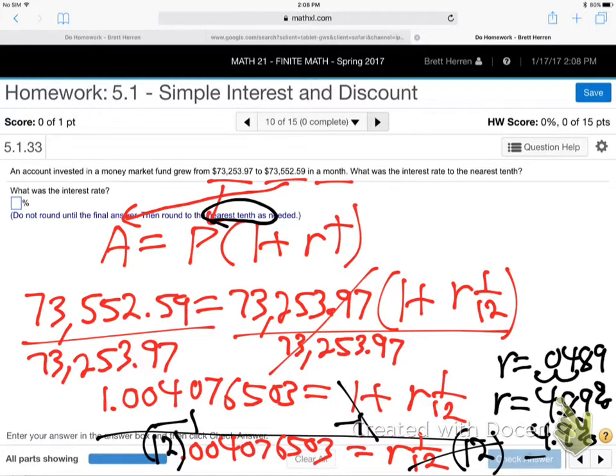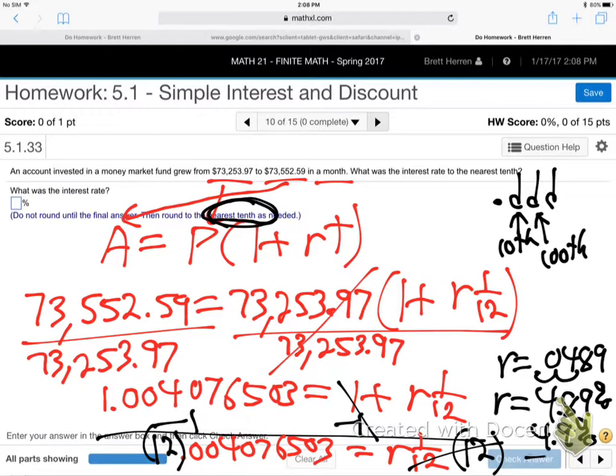Yeah, they said round to the nearest tenth, so that means in the end, tenth is 1 place after the decimal. Remember how the place values go? If you have a decimal, this is the first digit, this is the tenths, this is the hundredths, etc. So when they say round to the nearest tenth, that means 1 place after the decimal.